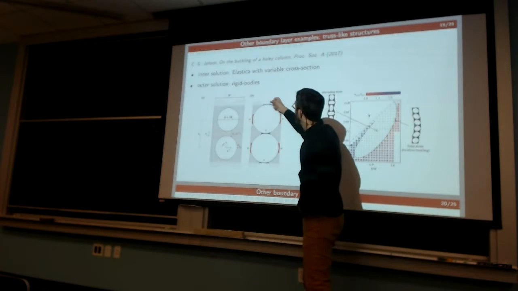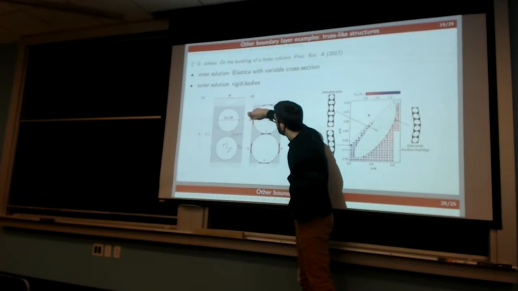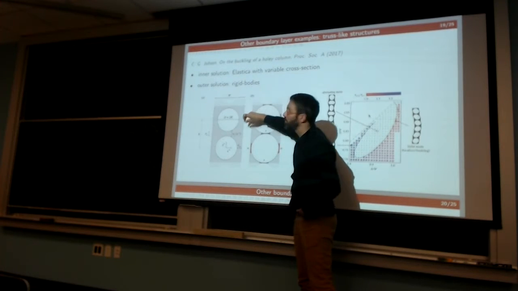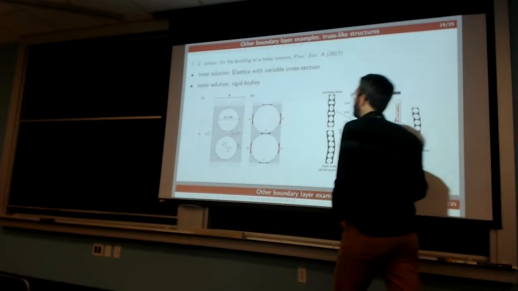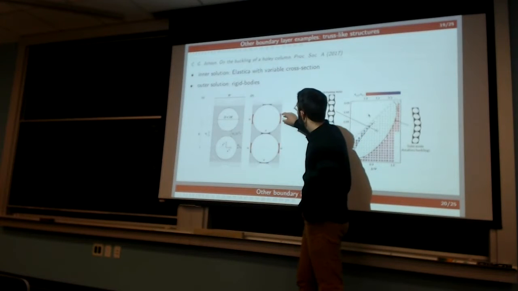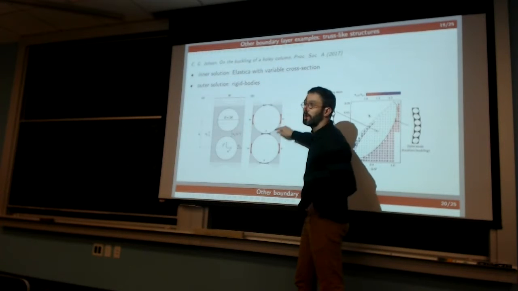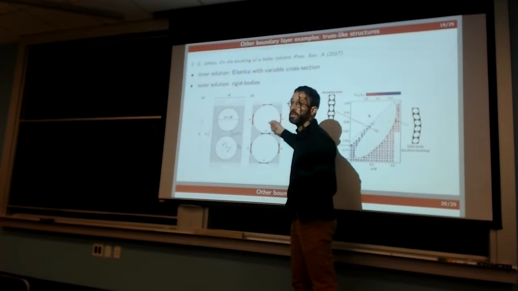And then you would match to this region, which is a rigid body. If you assume that the thickness of this ridge is a small parameter, it's exactly the same method, right? You have a global elasticity solution which is hard to characterize, but then you can show that the deformation is localized. You can come up with specific approximations here, and you can show that this is equivalent to rigid bodies connected by hinges.